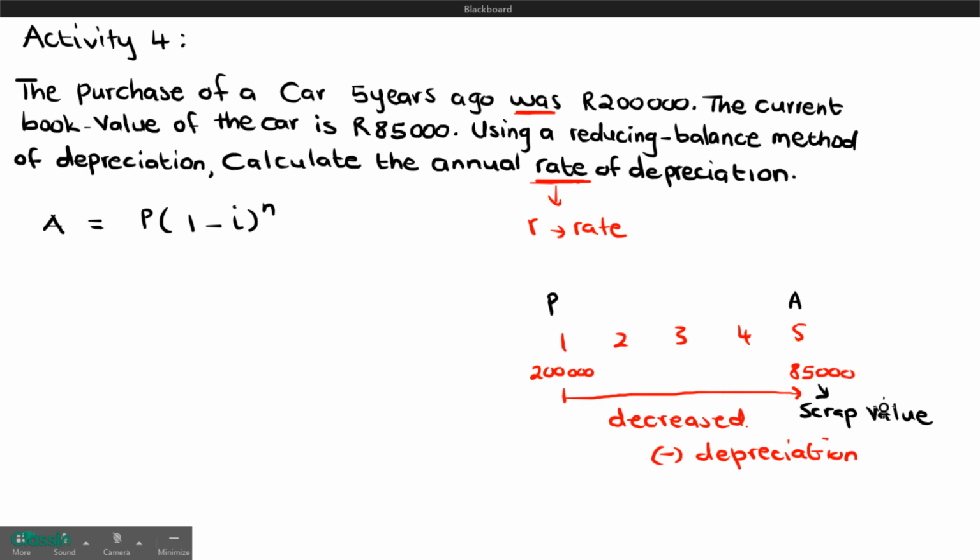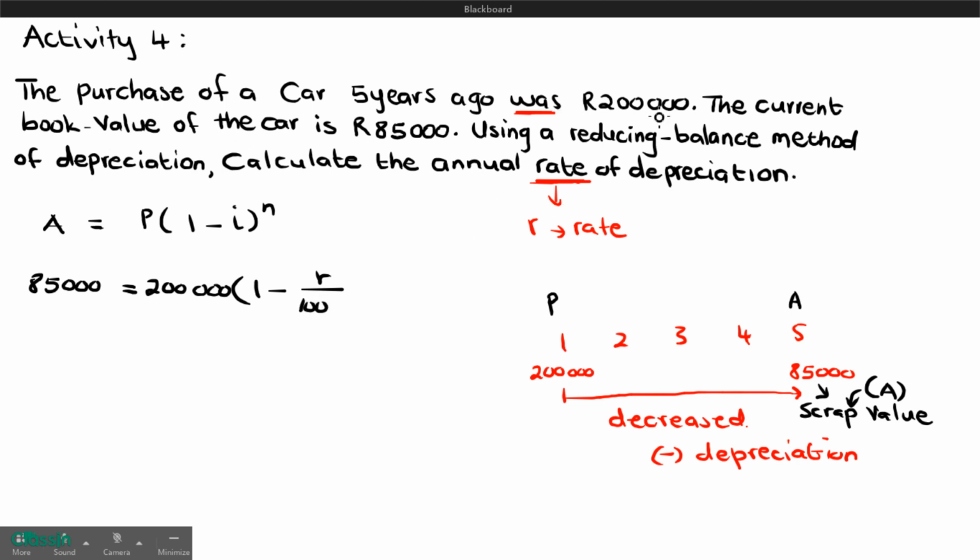So always A is your scrap value. So meaning that you have 85,000 here is equal to your principal amount, which was 200,000, times 1 minus R over 100.